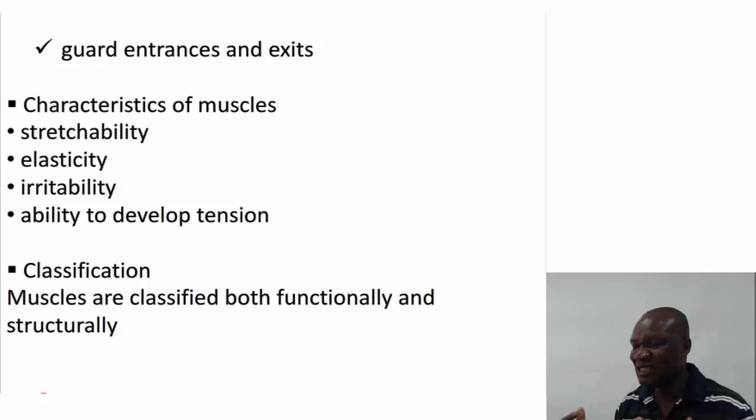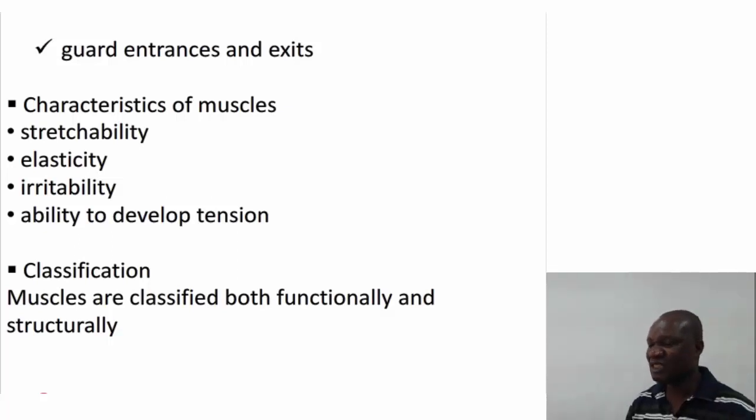They are irritable, meaning that they can be stimulated and they respond to stimulation. Then finally, they develop tension. When muscle contracts, it develops tension, and this tension aids us to do work.